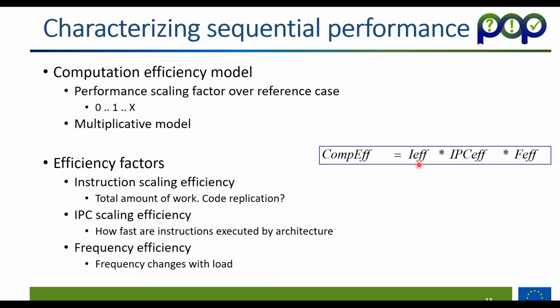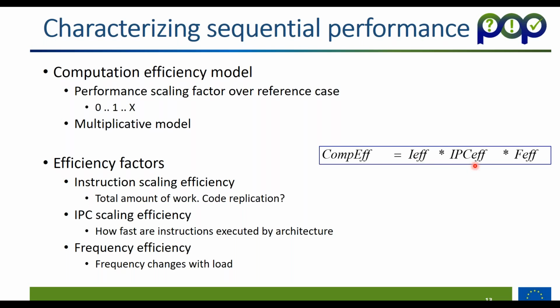So is the total amount preserved? When you do strong scaling, you would expect the total number of instructions to be the same, irrespective of whether this is done by 2, 4, 8, or 100 processes. So there should be a number that characterizes that, a number essentially between 0 and 1 that describes this metric.